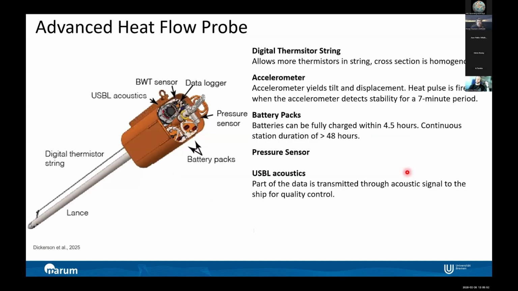The newest one was built for the US heat flow program, so Robert Harris, Andy Fisher, and others built this probe like 2 or 3 years ago, and it's the state of the art of a new violin type heat flow probe.